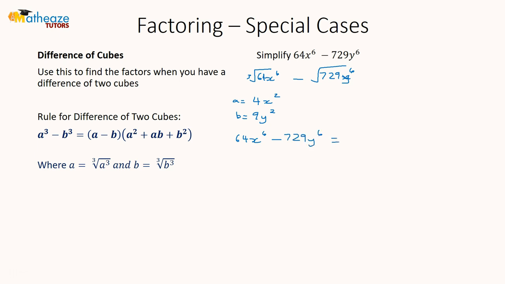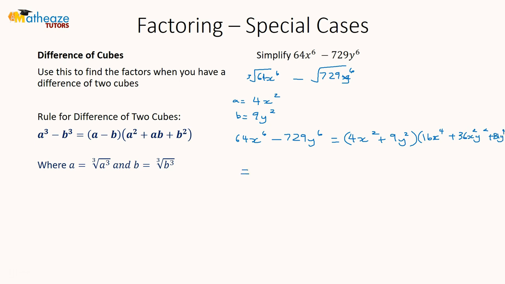is going to be 4x squared plus 9y squared multiplied by 4x squared all squared is 16x to the 4th power plus 36x squared y squared plus 81y to the 4th power.